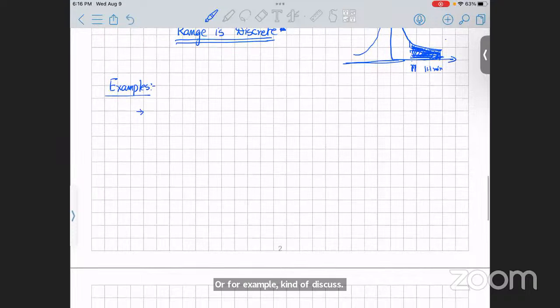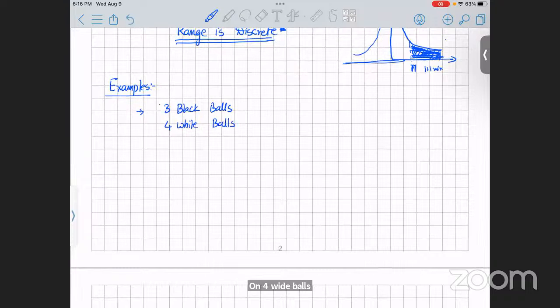First, suppose there are 3 black balls and 4 white balls. Now here, let X be a random variable.